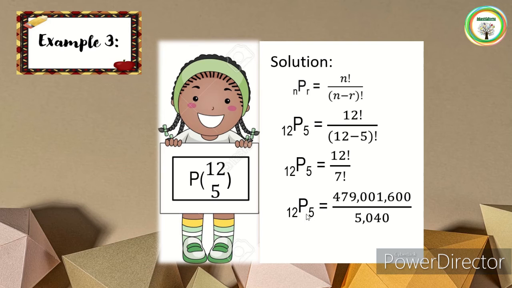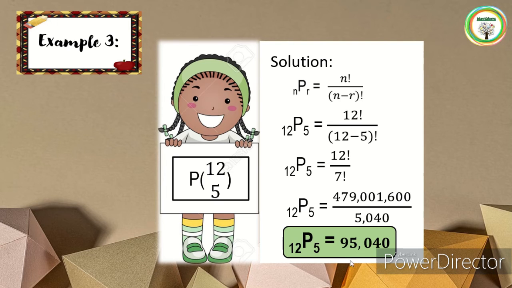The value of 12 factorial is 479,001,600 divided by the value of 7 factorial, which is 5,040. Therefore, permutation of 12 taken 5 is equal to 95,040.